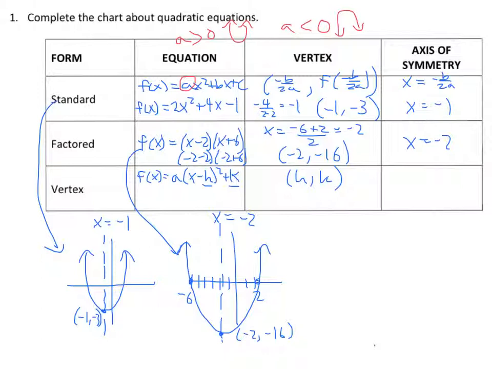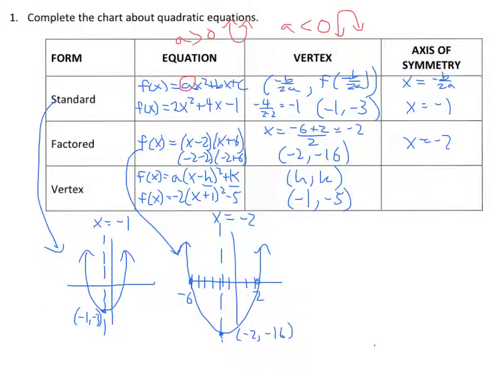Looking at an example like f of x equals negative 2 times x plus 1 squared minus 5, the vertex of this equation would be, you take the opposite for the x-coordinate, so since I have x plus 1, the x-coordinate of the vertex is negative 1, but I don't take the opposite for the y. Negative 5 would be the y-coordinate of the vertex.